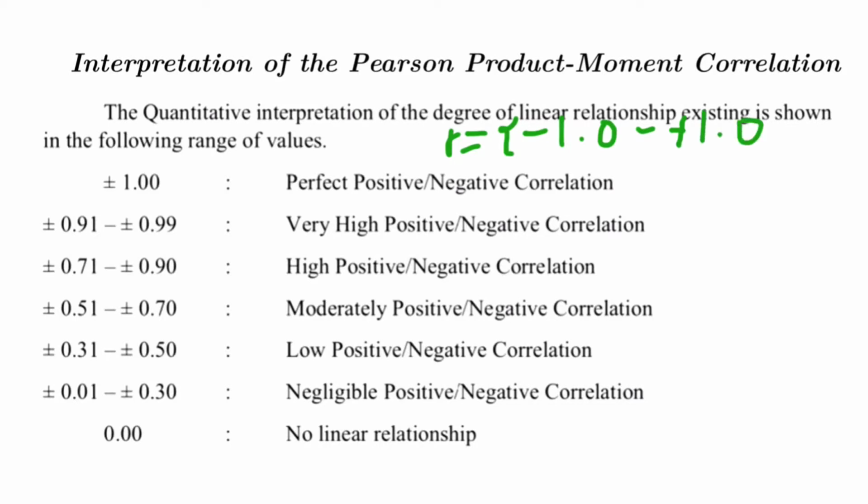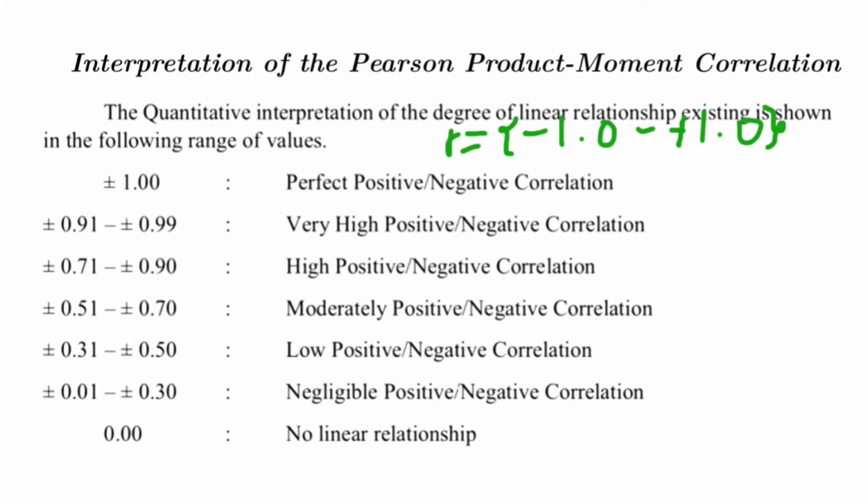So, andyan yung mga scores ng computation ng ating R. Kapag sumobra siya dyan, there is something wrong with our computation. So, ito na nga yung interpretation niya from positive or negative 1.0, it is perfect positive or negative correlation.